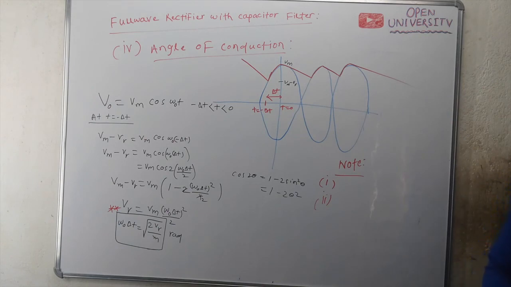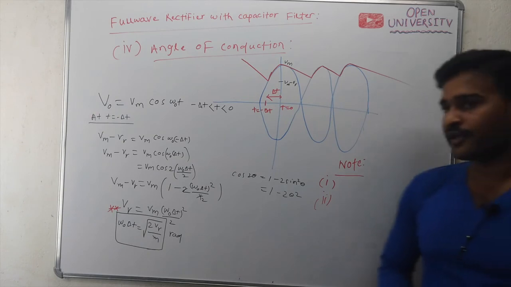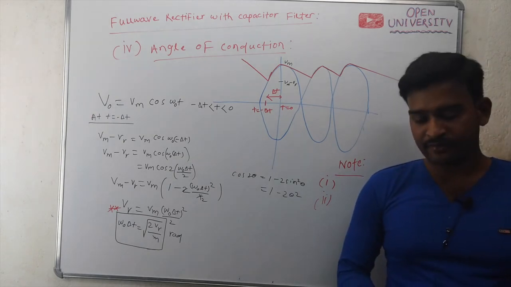So whether it is a bridge rectifier or a center tap full wave rectifier, if one diode becomes defective, then it will behave as a half wave rectifier.